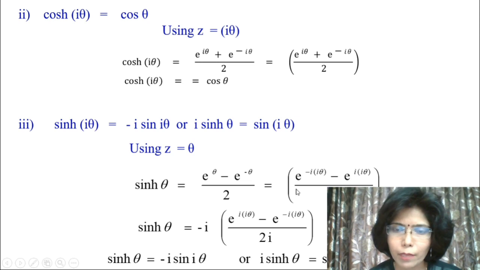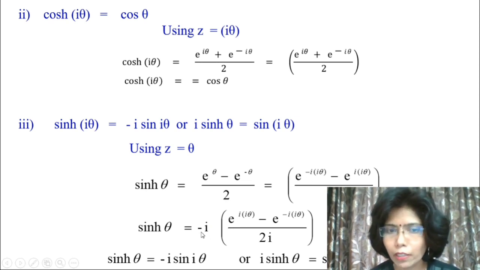I will repeat this step again. Here we have multiplied and divided this step by i. So in the numerator it is i, and in the denominator also i. In the numerator, from this we had taken minus sign common. So this minus we write down here, and here there is no minus sign.